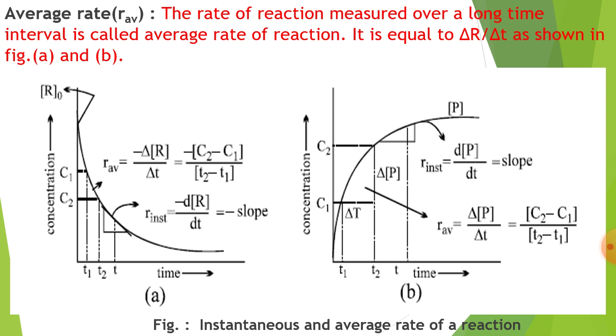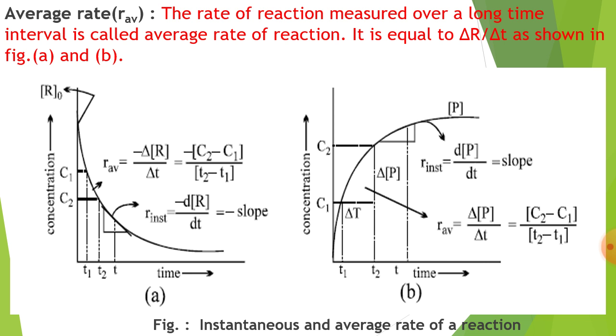Now come to the product concentration versus time graph. Look again: at t1 the concentration is C1, at t2 the concentration is C2. The average rate equals delta P by delta T. Here the sign is positive because the concentration of product increases.